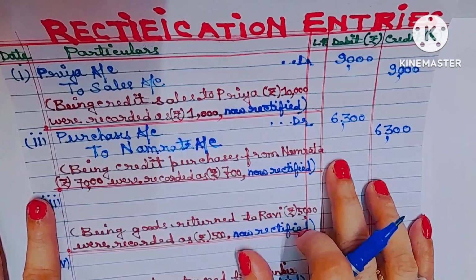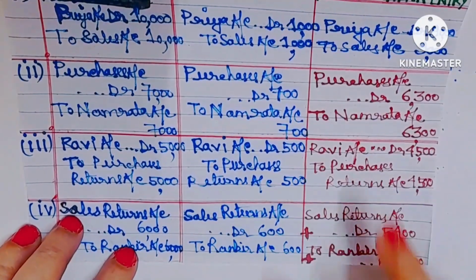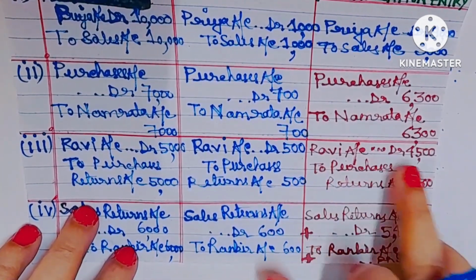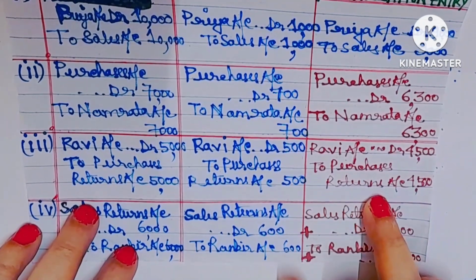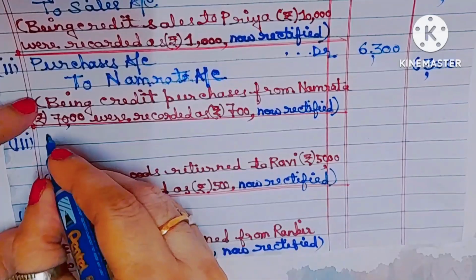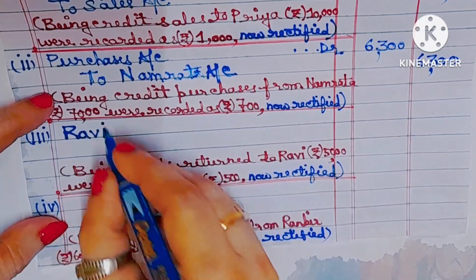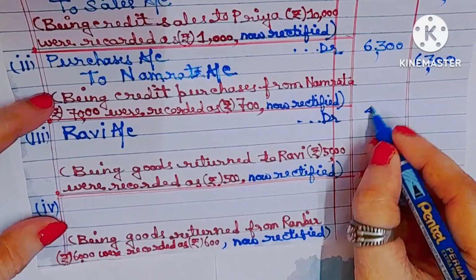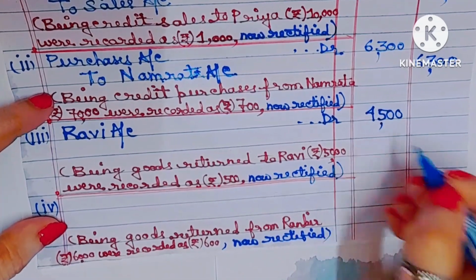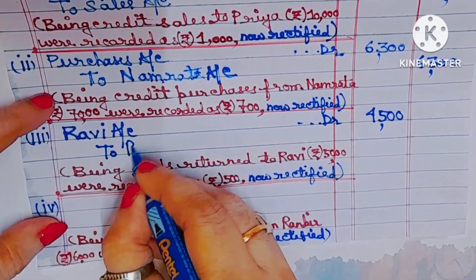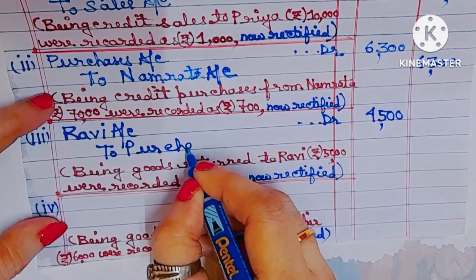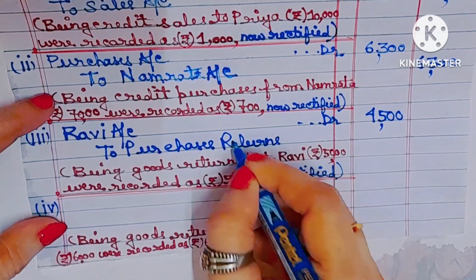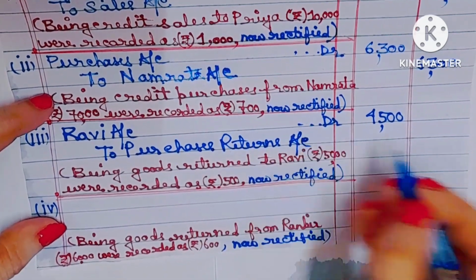Okay, now let's see the third rectifying entry. The third rectifying entry is Ravi account debit 4,500 to purchases returns account 4,500. So let's write Ravi account debit 4,500 to purchases returns account 4,500.